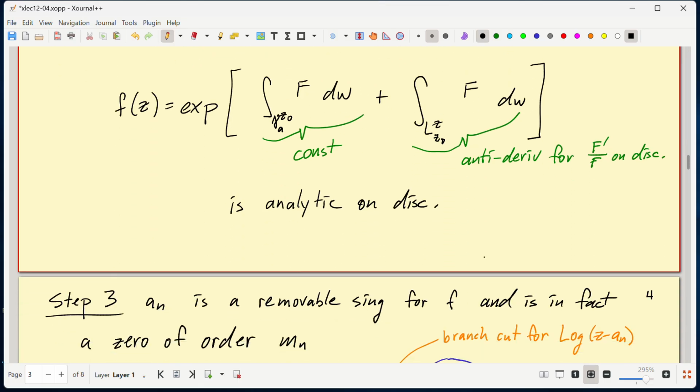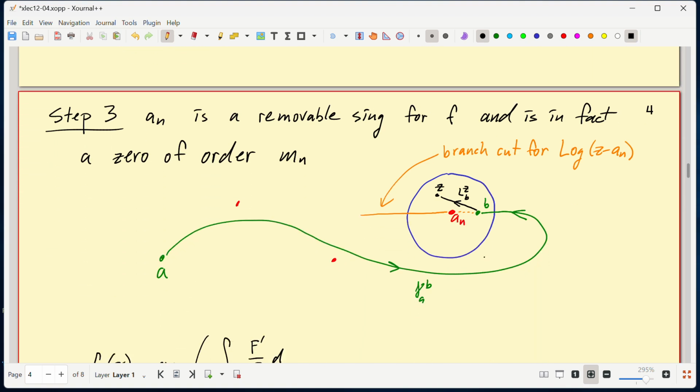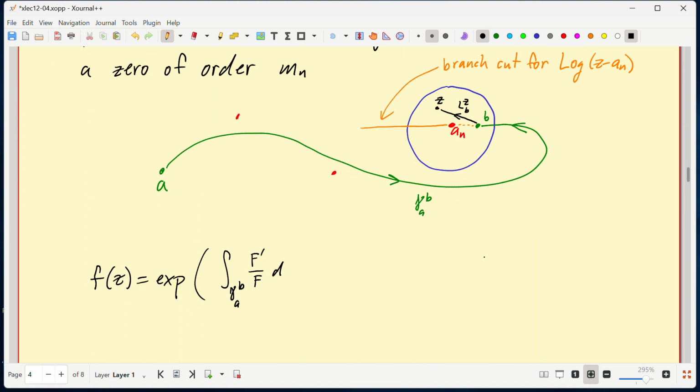Okay. And the last one, F, dW. Okay, that's a constant. Then I integrate from B to z. And now I'll write this as, the first part is m_n over W minus a_n, dW.